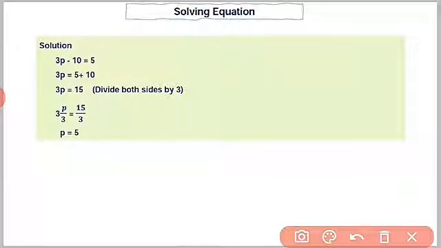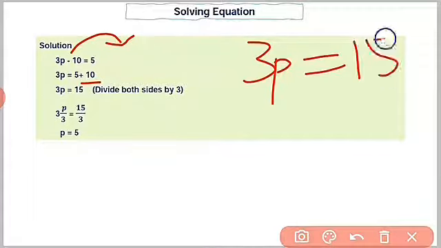3p minus 10 is equal to 5. We transposed minus 10 to RHS, it became positive 10. Then we add 5 and 10, we get 15. Now the new equation is 3p is equal to 15. Now we have to divide both sides by 3.